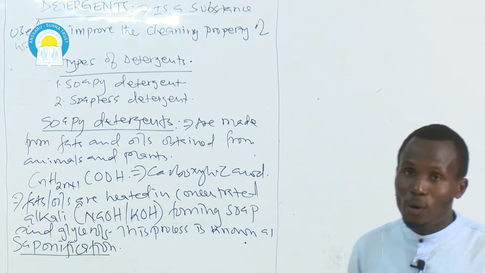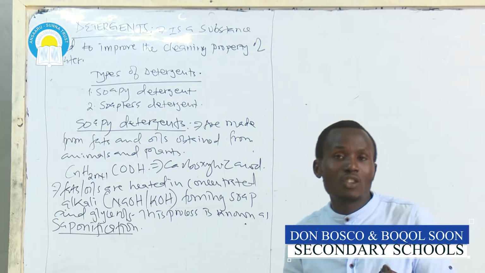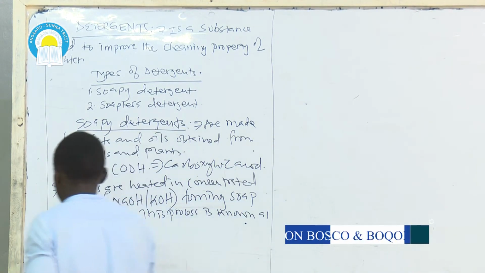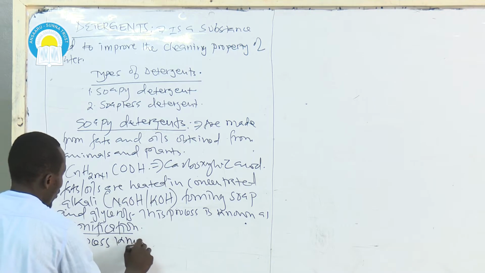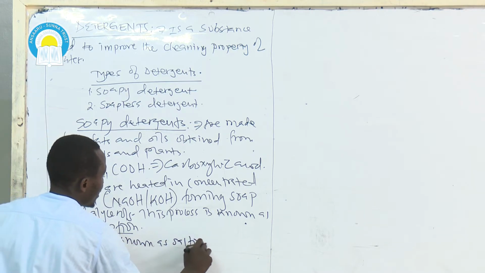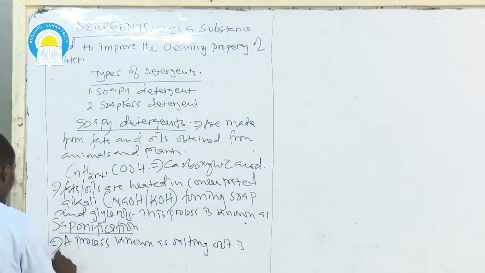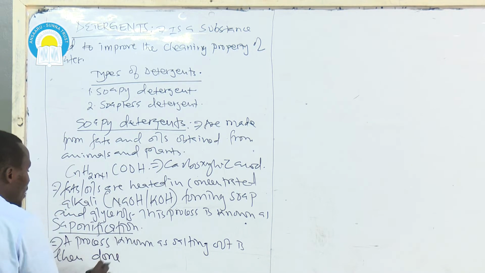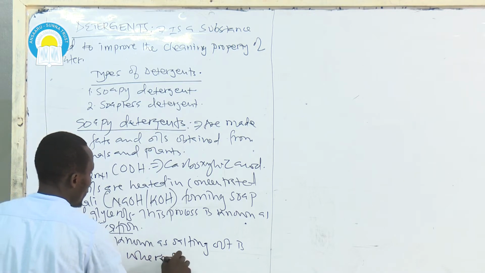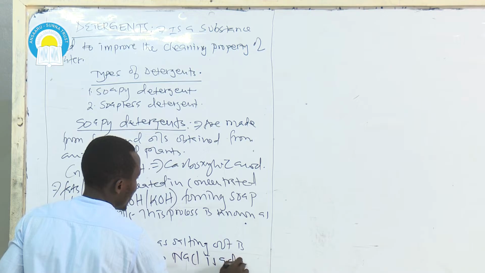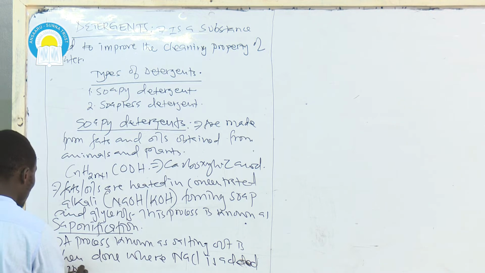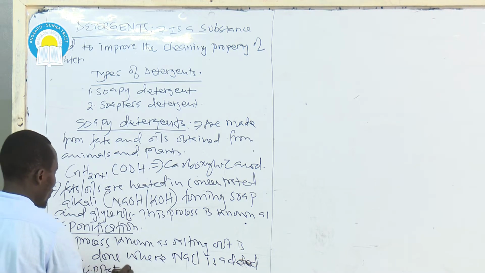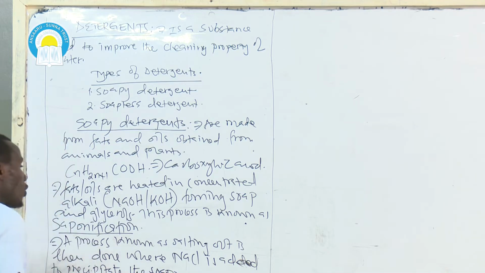After carrying out that process, a process known as salting out is then done, where sodium chloride crystals are added to precipitate the soap so that it forms a solid, then we remove it.